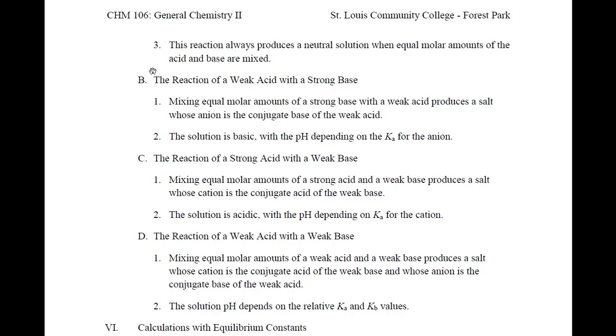This part is the interesting part that's going to be fair game for this course, and I'll show you by a lecture problem in a few minutes how we do this. But essentially we can mix equal molar amounts of either strong base or strong acid with a weak acid or weak base respectively, and we can do a calculation then called a slingshot to solve that kind of problem, because it involves two steps.